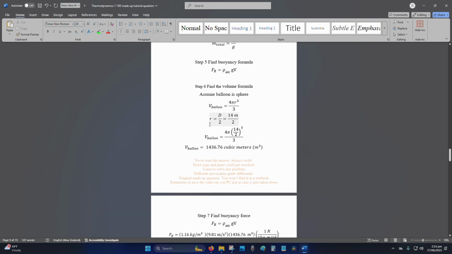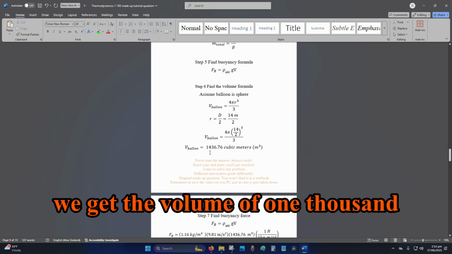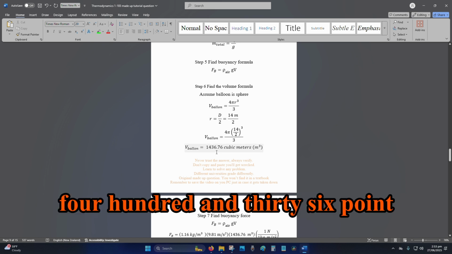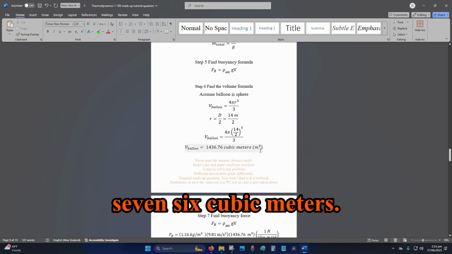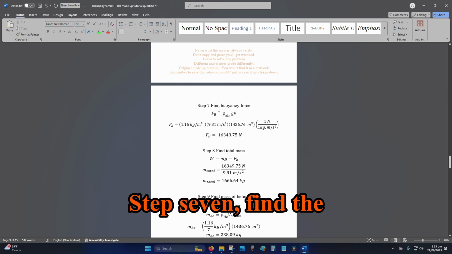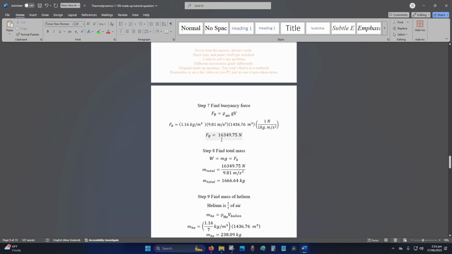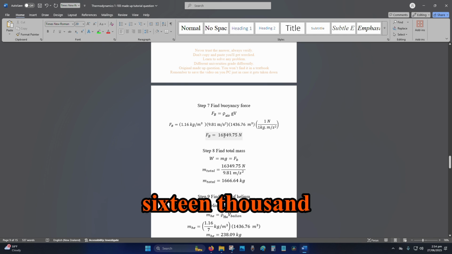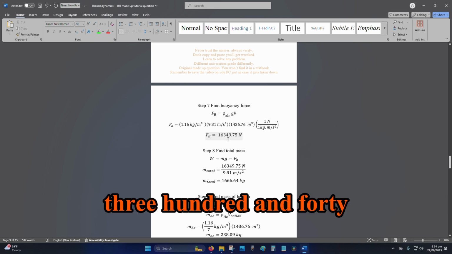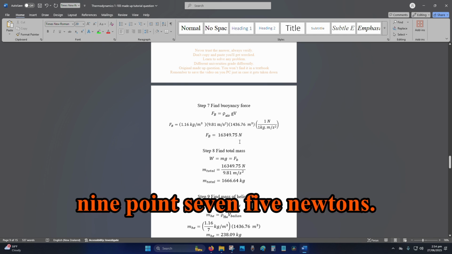So we get the volume of 1,436.76 cubic meters. Step 7, find the buoyancy force, which is 16,349.75 newtons.